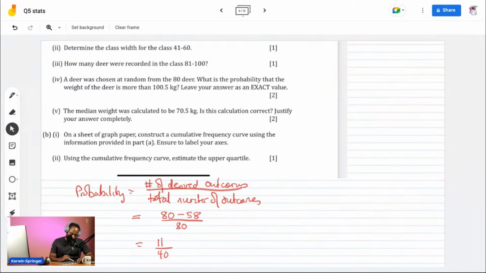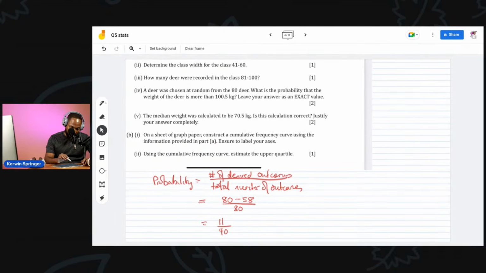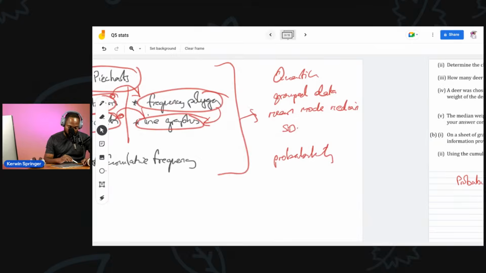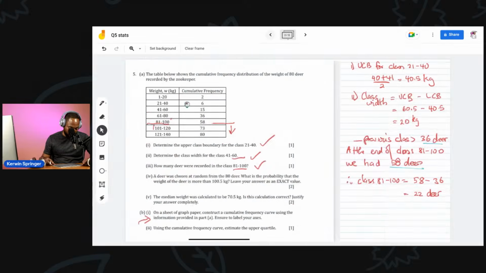So I refuse to just think about that a little bit. The median weight was calculated to be 70.5, that's the middle. Is this calculation correct? Justify your answer completely. So let's go back and use our expert decoding skills to see if that's sounding medianish. Let's go back to examine this so-called cumulative frequency table curve thing.